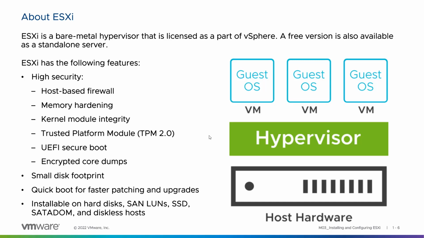Key features of ESXi here. High security. ESXi is a Linux-based kernel, which has a built-in firewall. Memory hardening: VMware has added some extra drivers into the Linux kernel to harden the memory. Kernel module integrity: they utilize the trusted platform module, TPM.